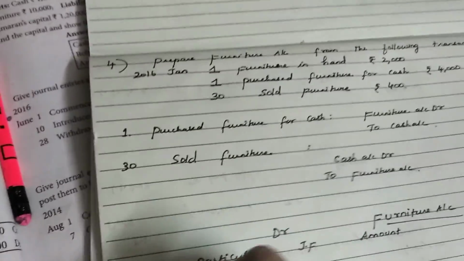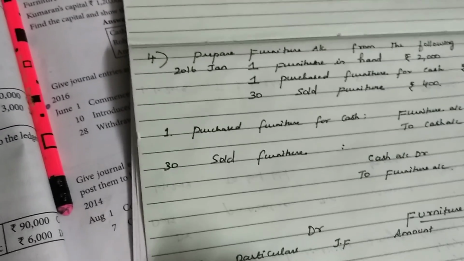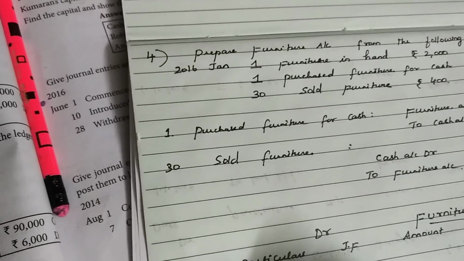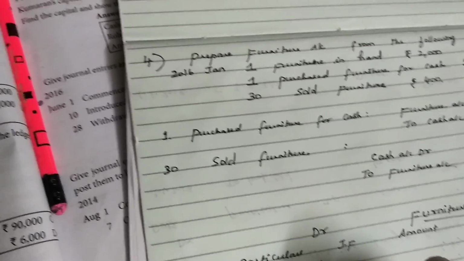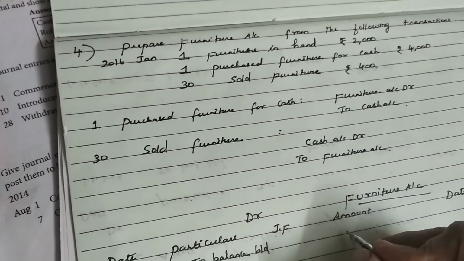So now, let me do the furniture account. First one, as I told you, you are going to bring down the balance. 1/1/2016 to balance brought down. What is the amount? 2000.